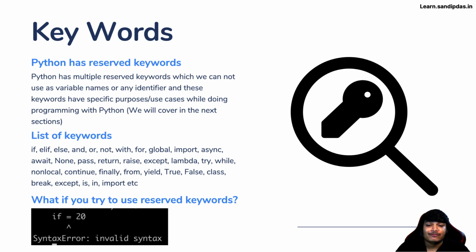So if, else if, else, and, or, not, with, global, import, async, await, None, pass, return, raise, except, lambda, try, while, nonlocal, continue, finally, from, yield, True, False, class, break, except, is, in, import. So these are all the keywords that we cannot use as a variable name. So always remember that part, otherwise you will get an error. Just for example, if you try to use a keyword as a variable name, see, it's getting a syntax error. Okay, so make sure you don't use any keywords as a variable or as a function name.